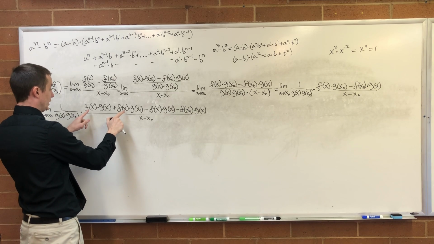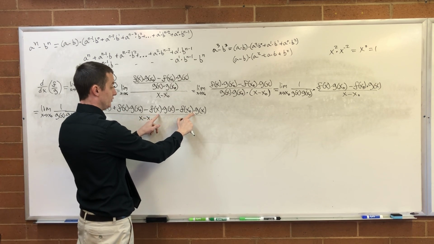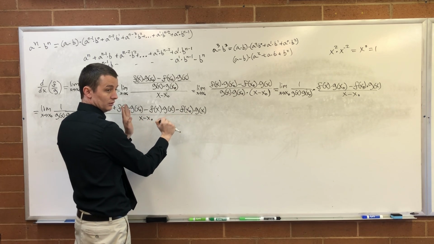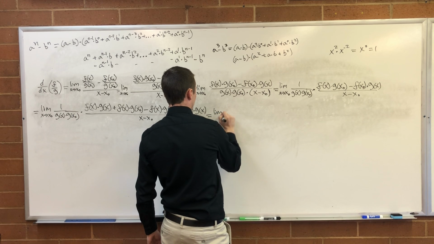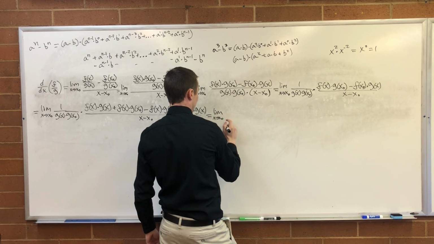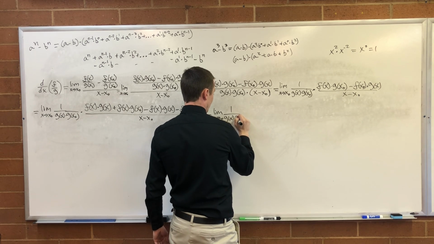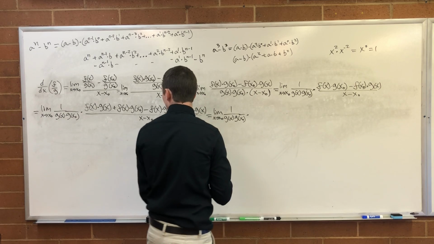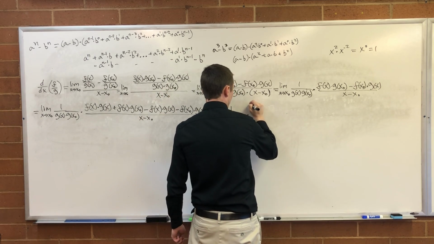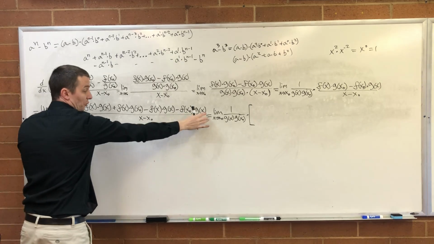Over here, I'm going to factor out an f of x. Over here, I'm going to factor out a negative g of x. Okay. So this is equal to the limit as x approaches x naught, 1 over g of x times g of x naught times brackets here, since I'm going to split this into two, this has to multiply to the whole thing.